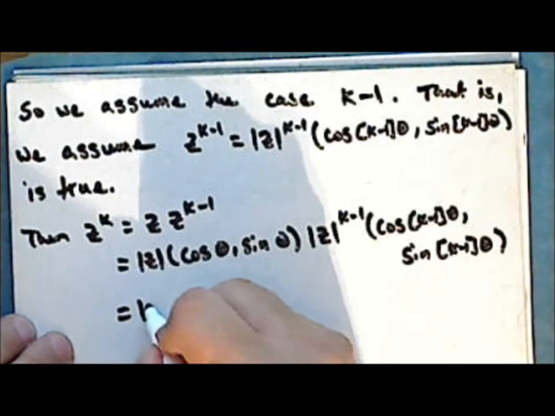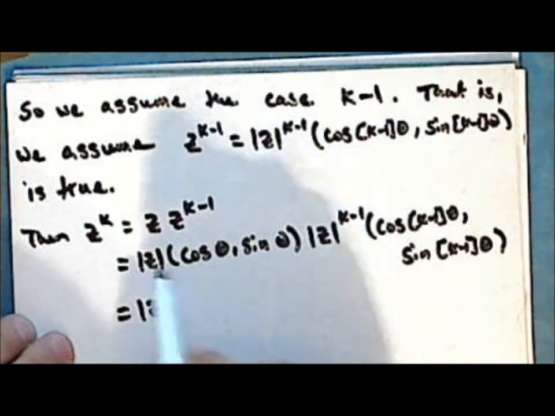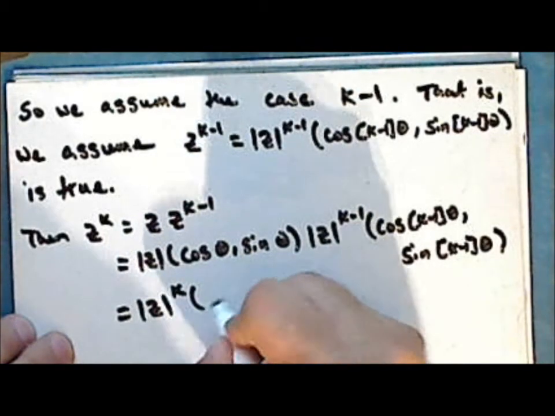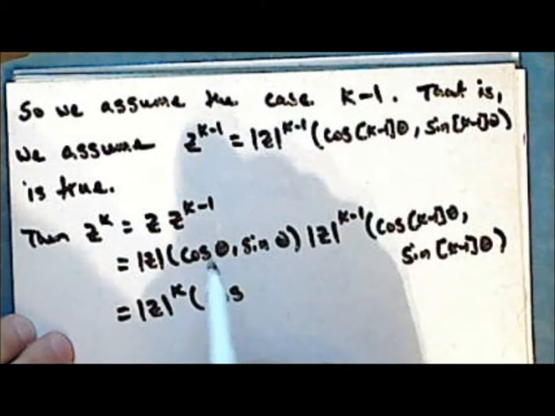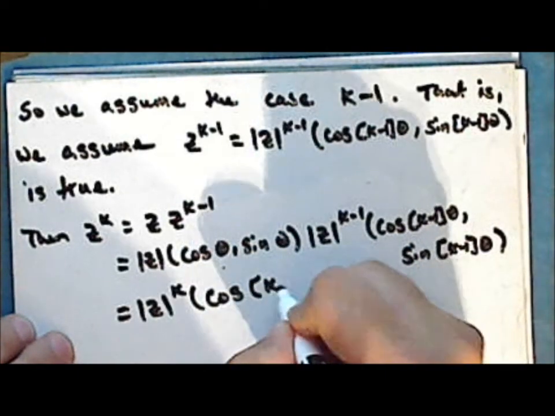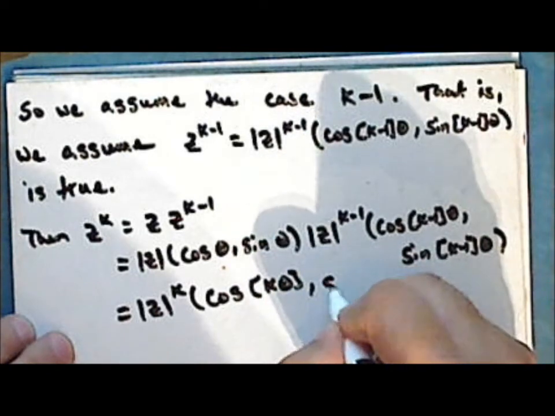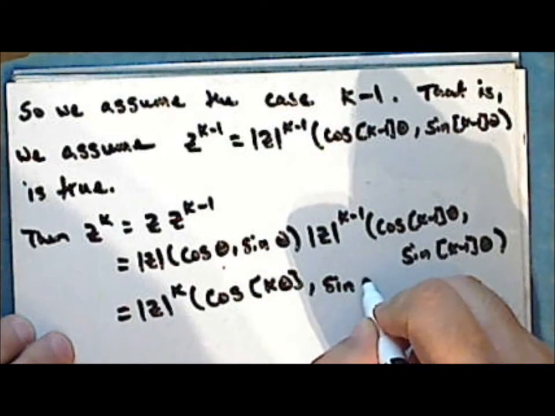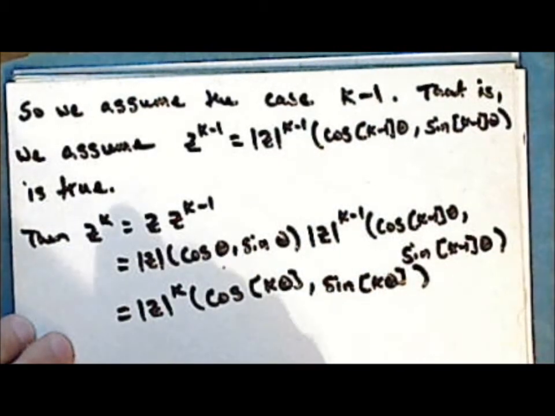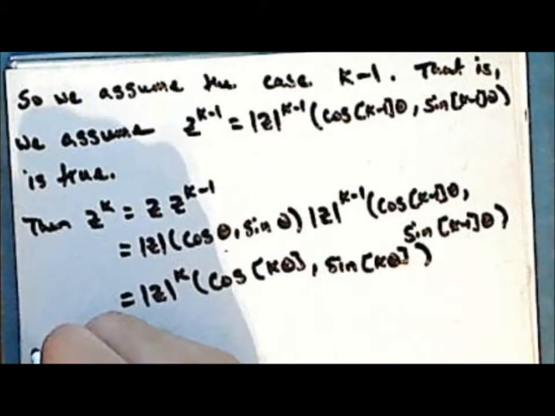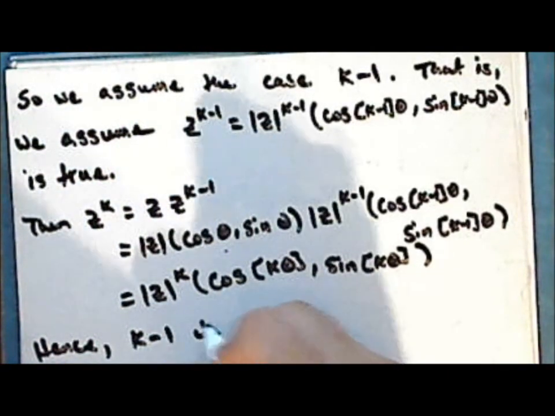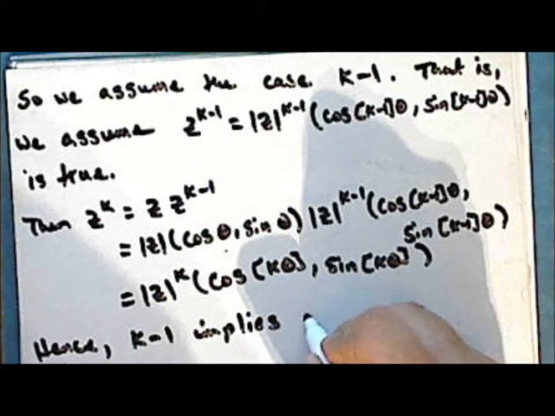So this gives us the modulus of z to the power of k minus 1 plus 1, or simply k, times the ordered pair cosine of theta plus k minus 1 times theta, which gives us k times theta, and similarly sine of k times theta. Hence, the case k minus 1 implies the case k.